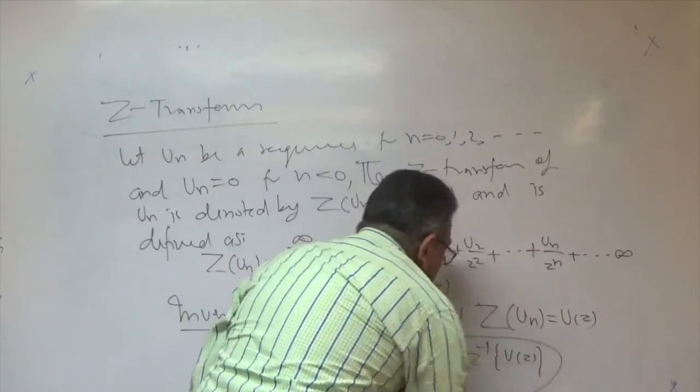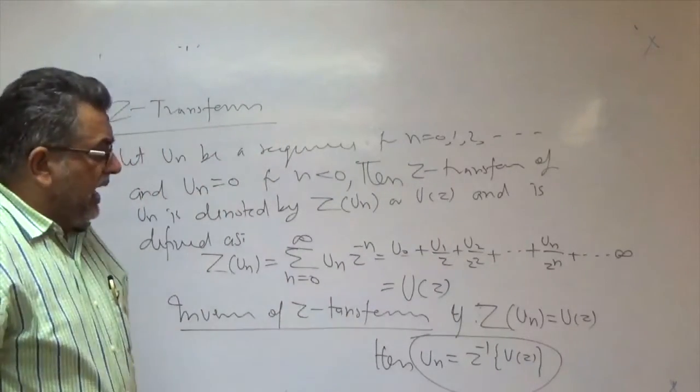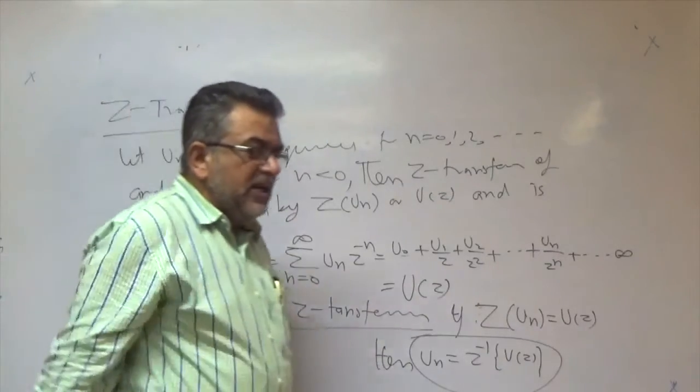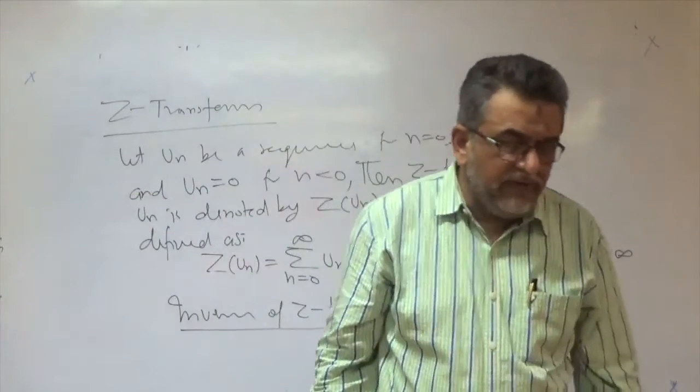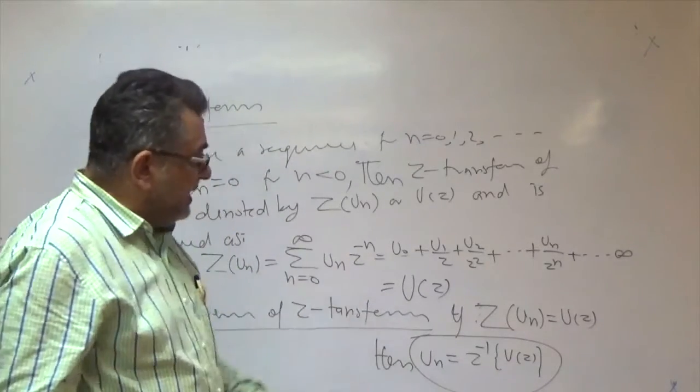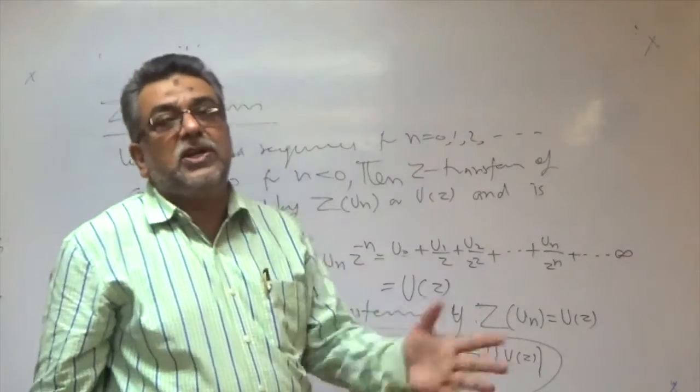This is the inverse Z transform. I will discuss in detail how you can find the inverse of the Z transform, but right now you only see that U(z) is the Z transform and u_n is the inverse Z transform.